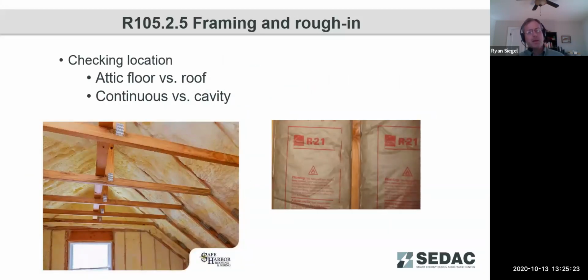So, also, as part of framing and rough-in, needing to check, did we put it in the right location? Attics, we've seen several attics where they are insulated along the roof and commonly along the floor. And so making sure that the location is wherever it was stated to be.